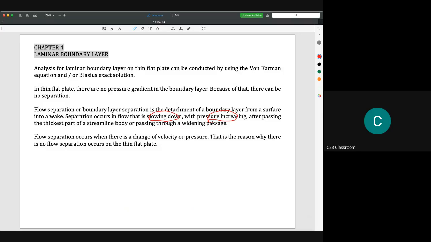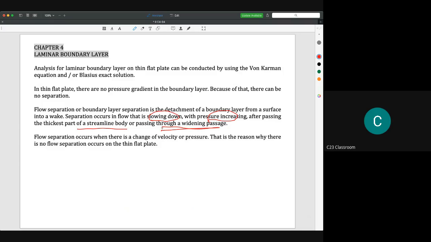This is the idea of the Bernoulli equation. It happens after passing the thickest part of a streamline or passing through a widening passage. Pressure can fluctuate because the surface sometimes triggers this phenomenon.